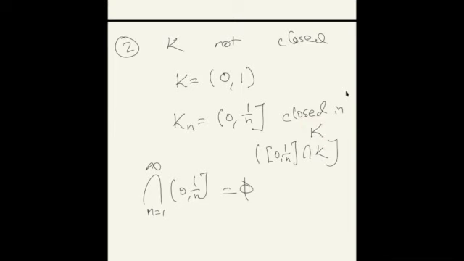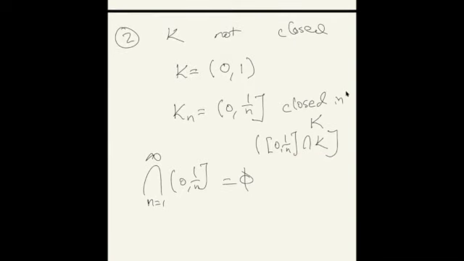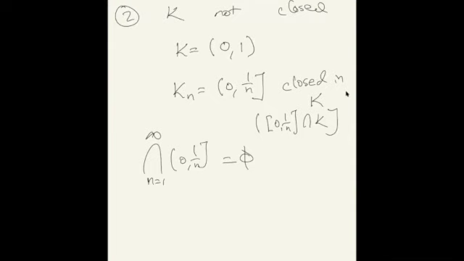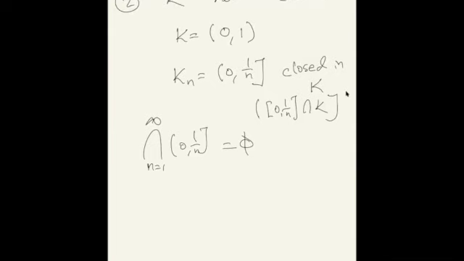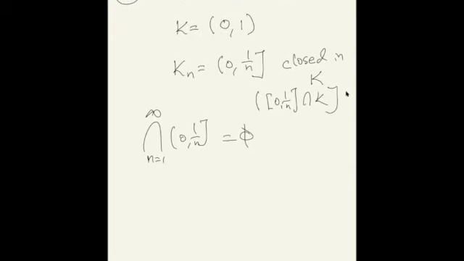Because Kn is equal to the intersection of a closed set with K. And we had a theorem saying that intersections of closed sets are closed in the subset. Now, if you take the intersection of all these half-open intervals, that means all the numbers that are between 0 and 1 over n, then again you get the empty set.